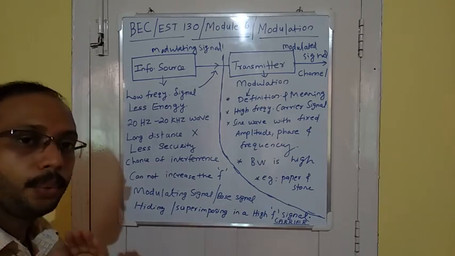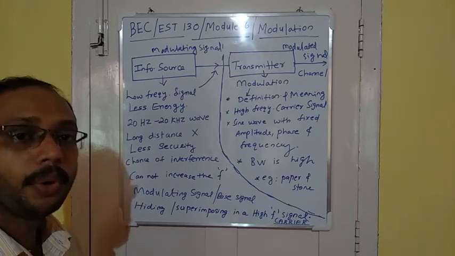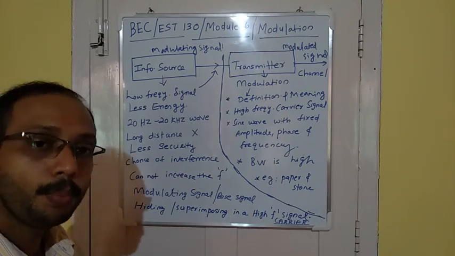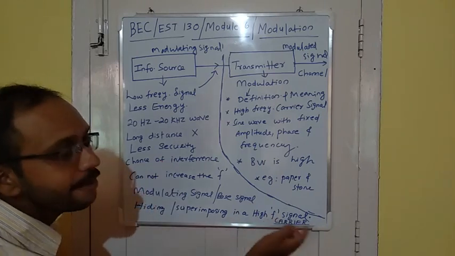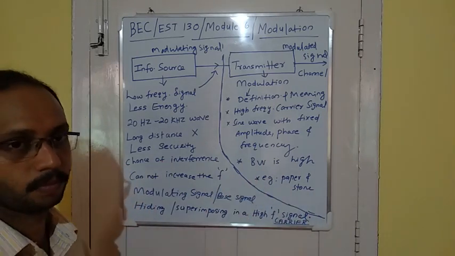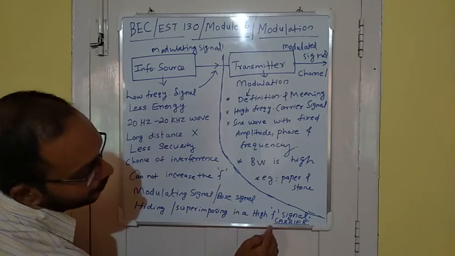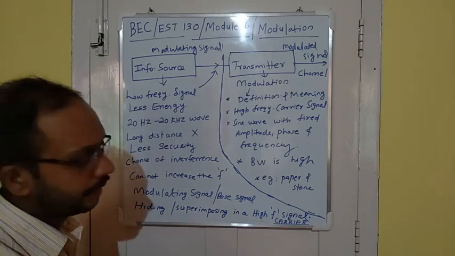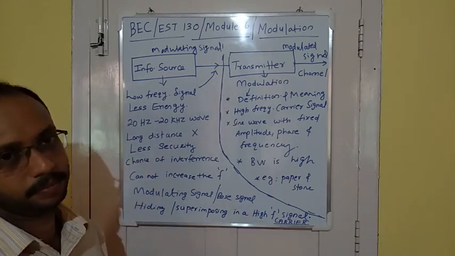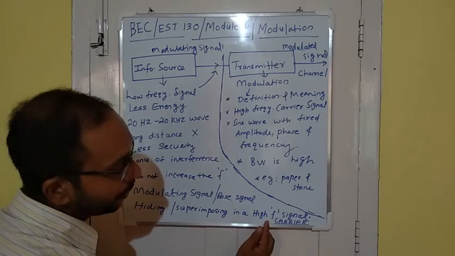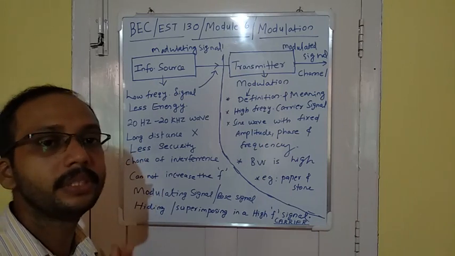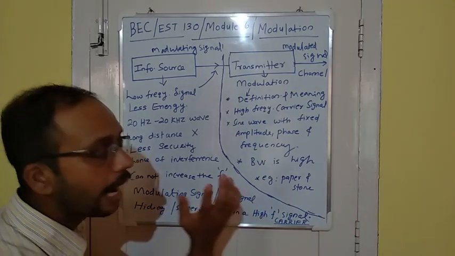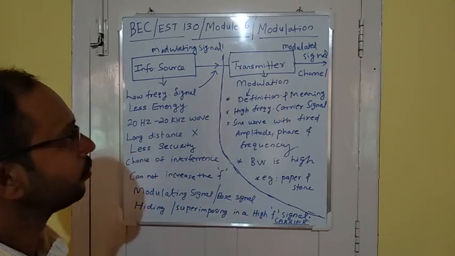I repeat, we need to hide or superimpose this low frequency signal in a high frequency signal. The name used here is carrier signal. Carrier signal is a high frequency signal. We are going to hide or superimpose this low frequency signal in a high frequency signal.